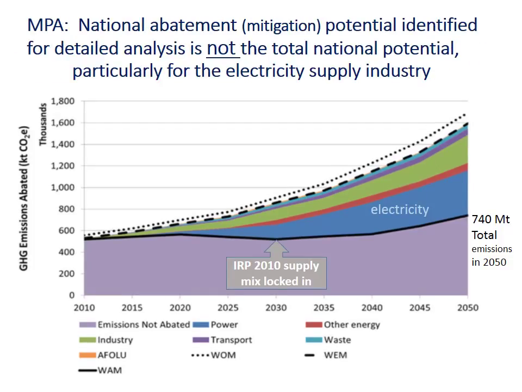The MPA does not assess all possible abatement actions or the full technical potential for mitigation. For example, the electricity supply mix from 2030 to 2050 was fixed, maintaining the 2030 proportional shares as envisaged in the IRP 2010 plan for electricity supply.